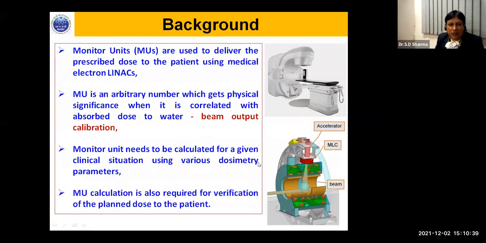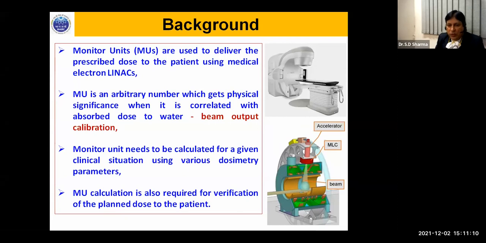For example, monitor units are used to deliver the prescribed dose to a patient whenever we want to treat a patient by a medical accelerator, whether this accelerator is a standard accelerator or a specialized accelerator. In fact, if somebody wants to ask what is a monitor unit, our answer usually is it is an arbitrary number which doesn't otherwise have any significance, but it becomes a physical quantity when it is correlated with the absorbed dose to water.